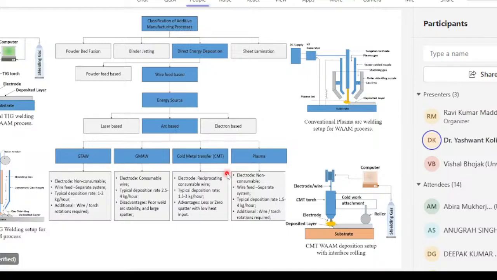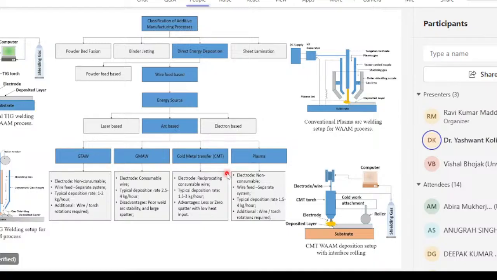Otherwise, if the thermal gradient between the top layer and the bottom layer is too high, the problem of anisotropy will be very much in the material, and the properties will differ between the bottom layers and the top layers.